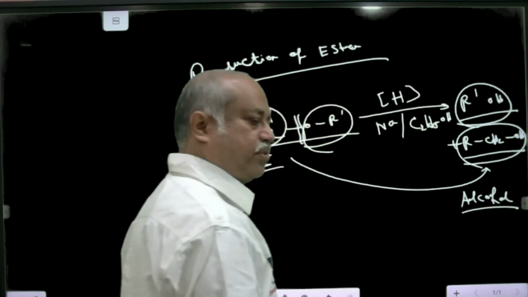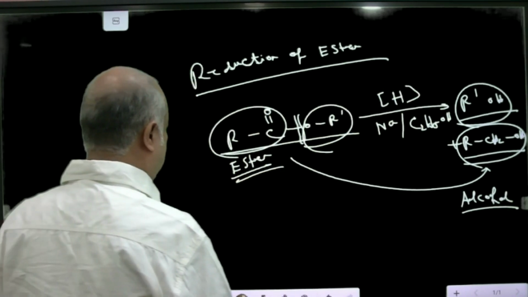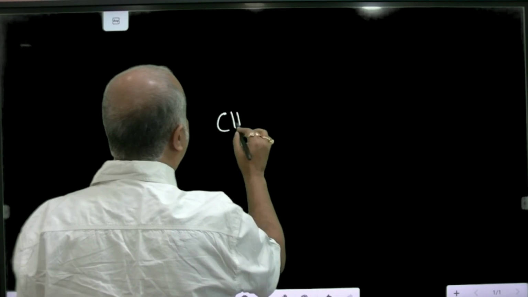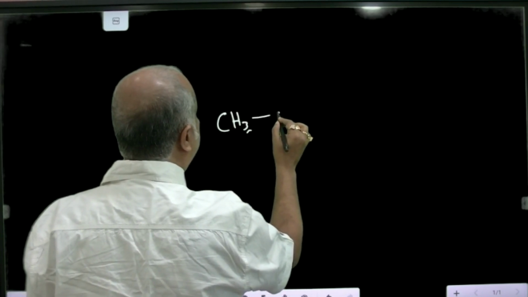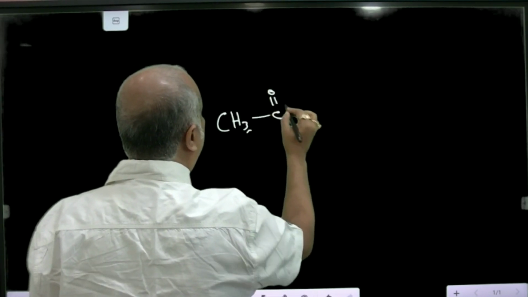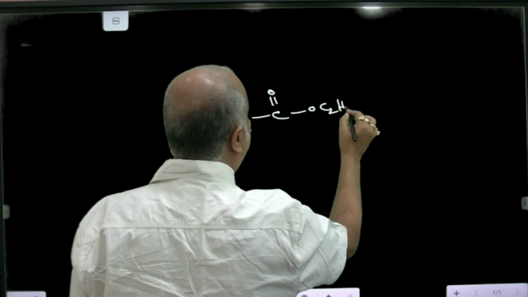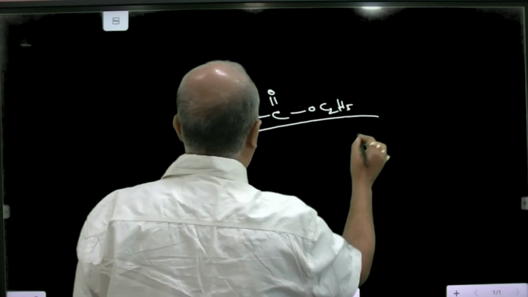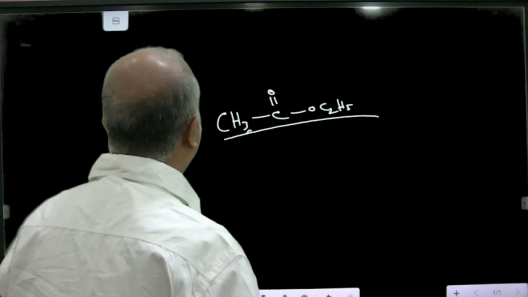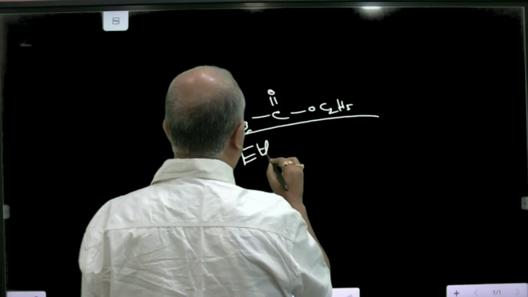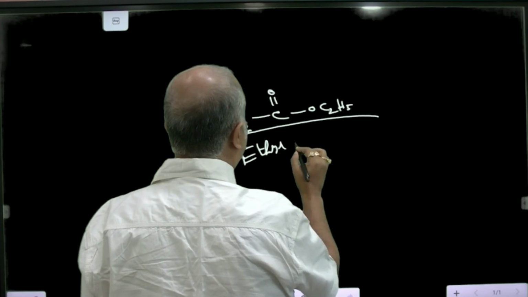Now, I will take a direct example. That means CH3COOC2H5, that means ethyl acetate.